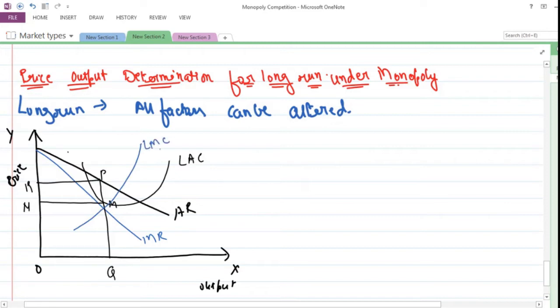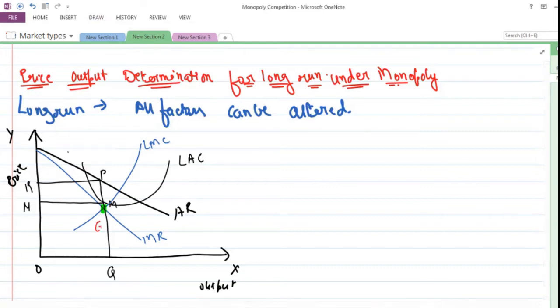This is long run marginal cost, and at this point we have equilibrium point E. At E the firm attains equilibrium.